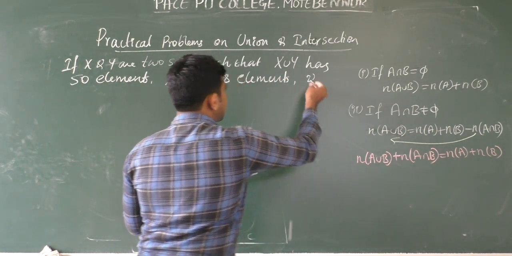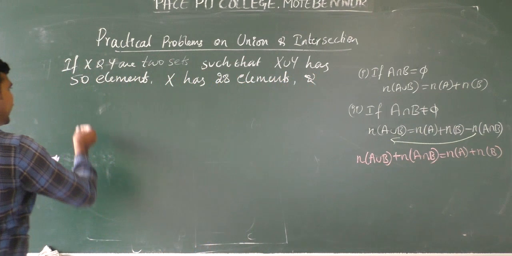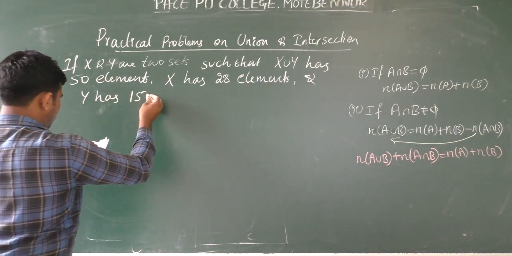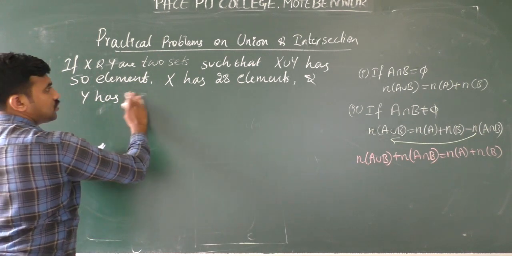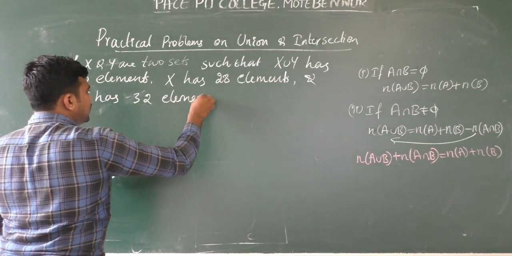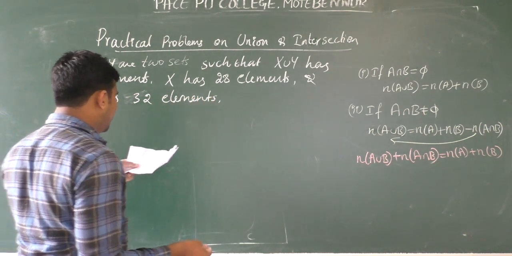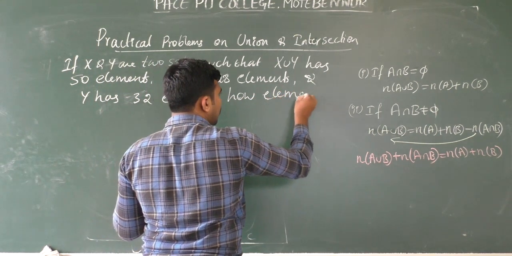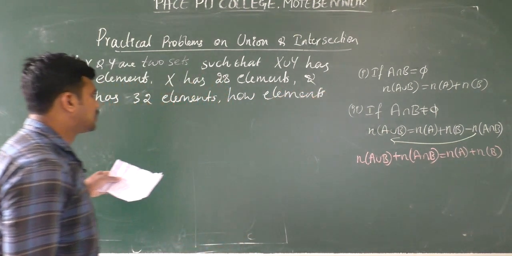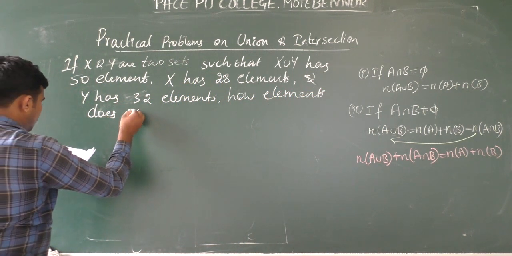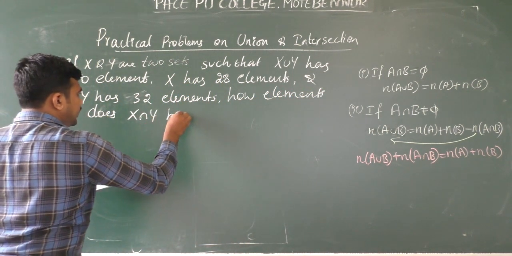and y has 32 elements. Okay, how many elements does x intersection y have? They ask how many elements are in x intersection y.